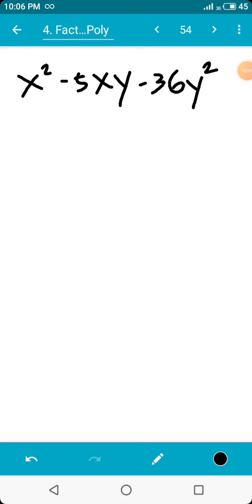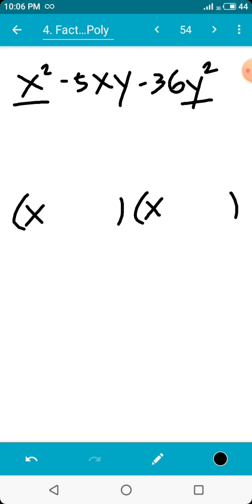Okay, so kunin natin yung factors ng x squared minus 5xy minus 36y squared. Okay? So, alright. So, yung factors ng x squared ay x times x. And then, factors ng y squared ay y times y. Okay?